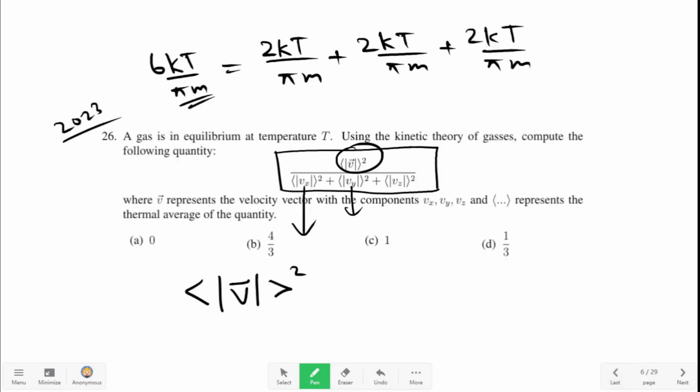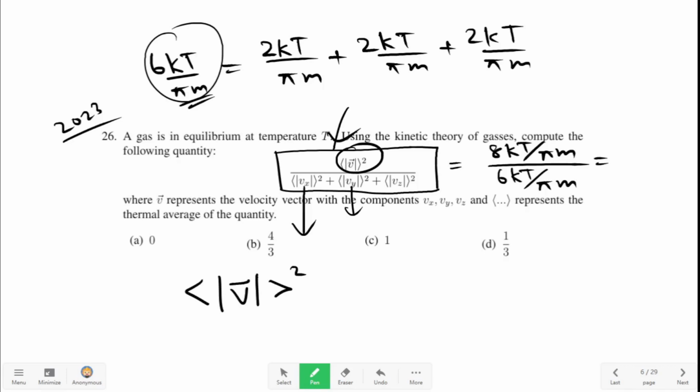Let's substitute it here. Then when we square it, we will get 8 kT upon pi m, and in the denominator we have 6 kT upon pi m. Therefore this quantity will be equal to 4 by 3.